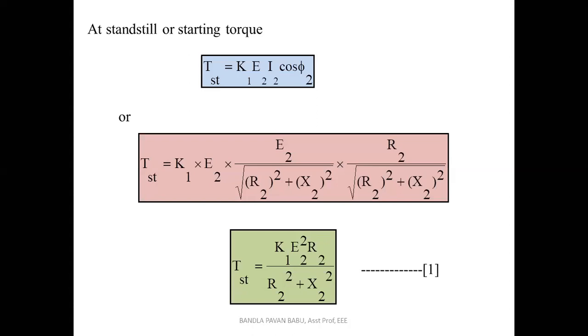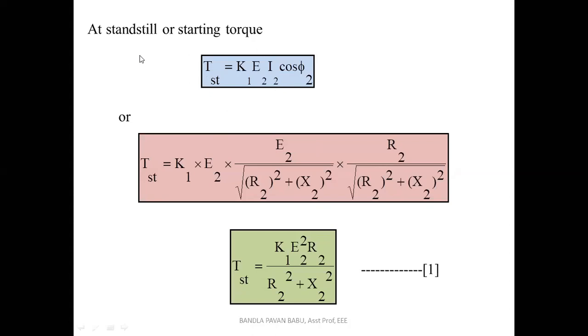We must know the torque, because there may be different types of load, heavy loads, medium loads, likewise. Based on the loads, the torque also gets varied. So we must know when the maximum torque is developed and what the respective parameters are at that condition.